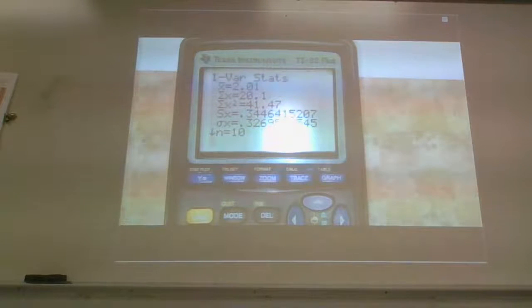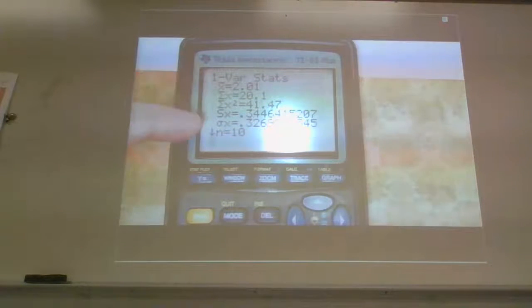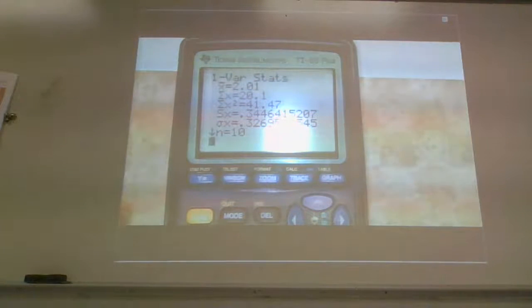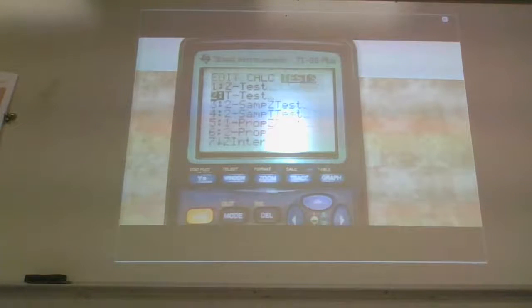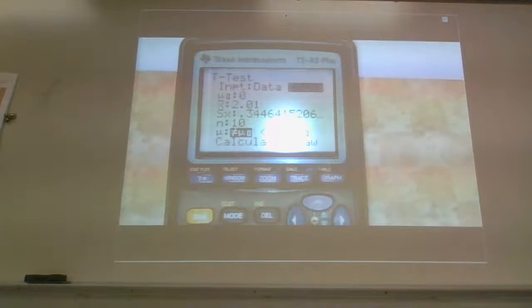Now, I believe that when I go to t-test, that X bar and that S should automatically be transferred over. Fingers crossed. Heck yeah. Look at that. X bar and S automatically in there. My mu is 2. Oh, which, by the way, look at this. What do you notice about the average of these boys' TV watching habits?